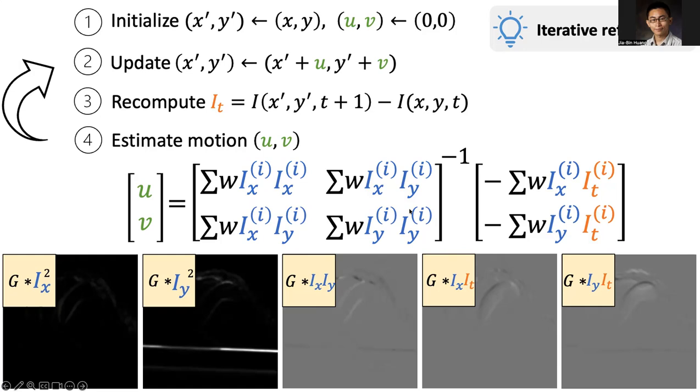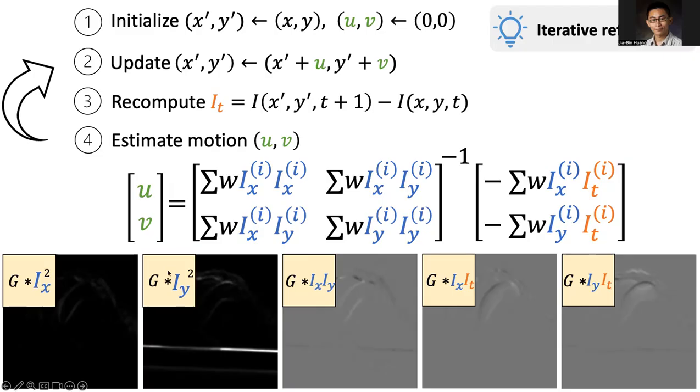And you can see that it will converge, because if this x prime, y prime is very close to the target, it means that your brightness constancy is minimized. Intuitively, you can see that if this is 0 everywhere, then U and V will just be smaller and smaller.